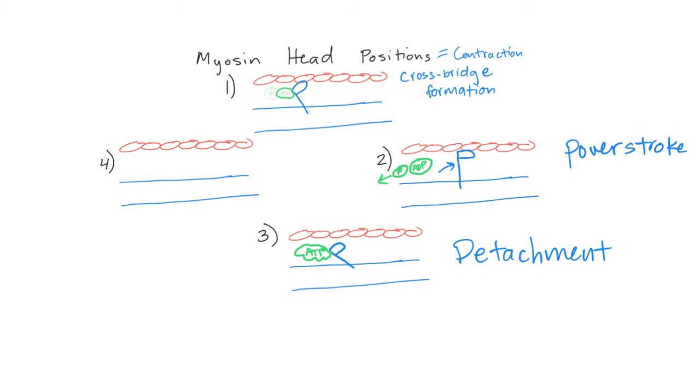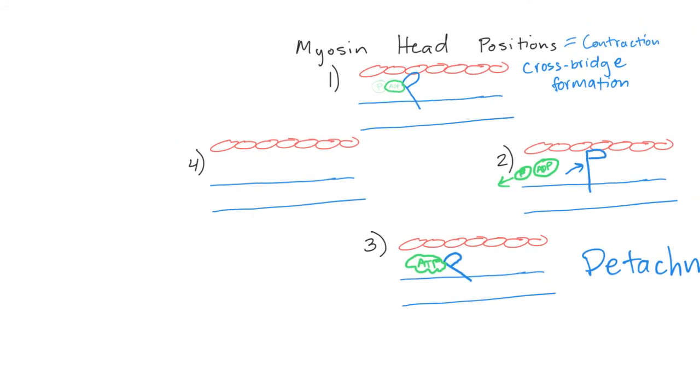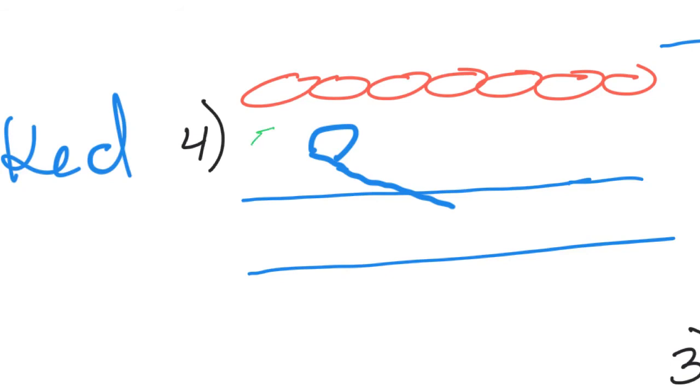And then to get into our high energy configuration, which is the cocked position, pulled back, ready to go, we're going to hydrolyze that ATP, use some of that energy, and be ready to go.